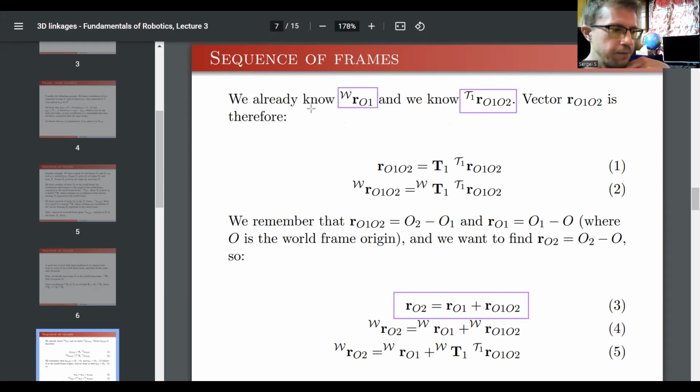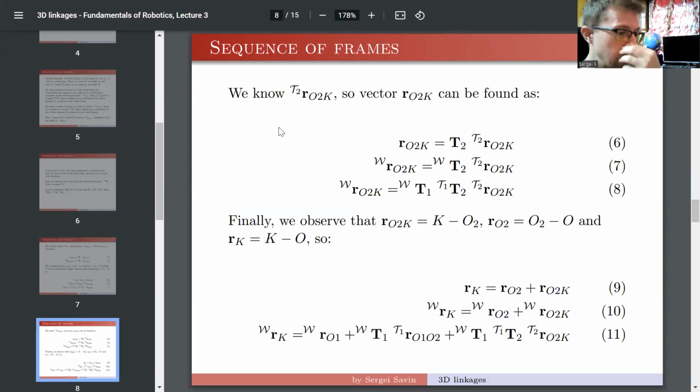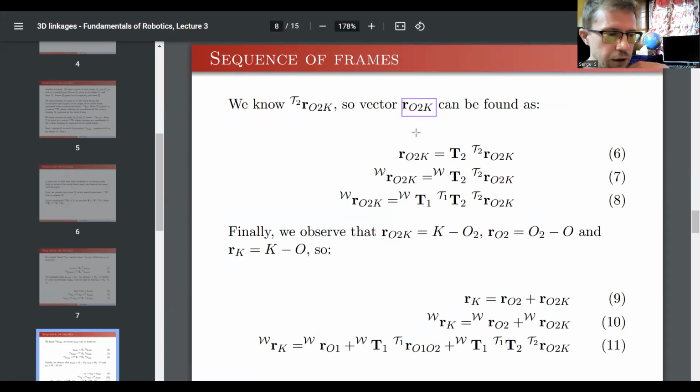Okay. Now, last part. We want to find K. We're given the position of K with respect to O2 in frame 2, so in the basis T2.